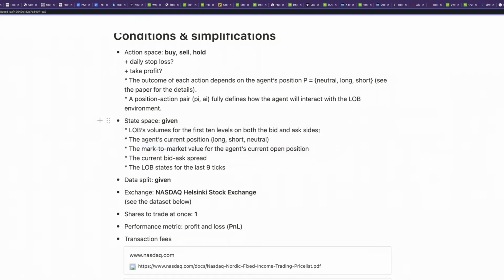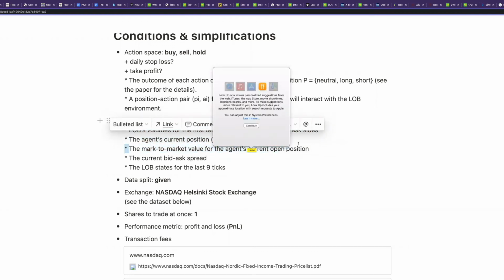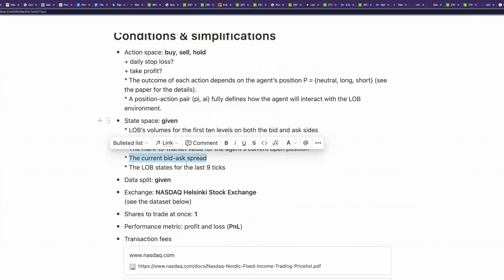So the agent knows the structure of the asks and bids. The agent knows in which position it currently resides. The agent knows how much it's worth currently. The bid-ask spread is the difference between the neighboring best ask and best bid.